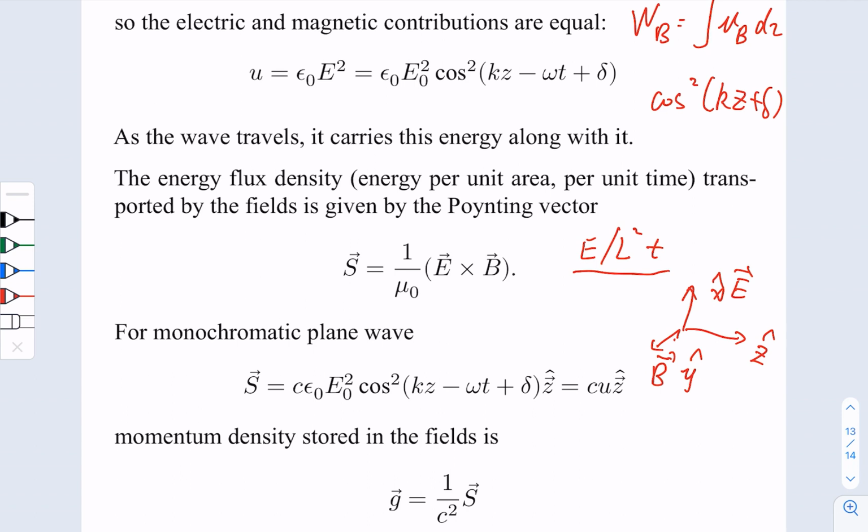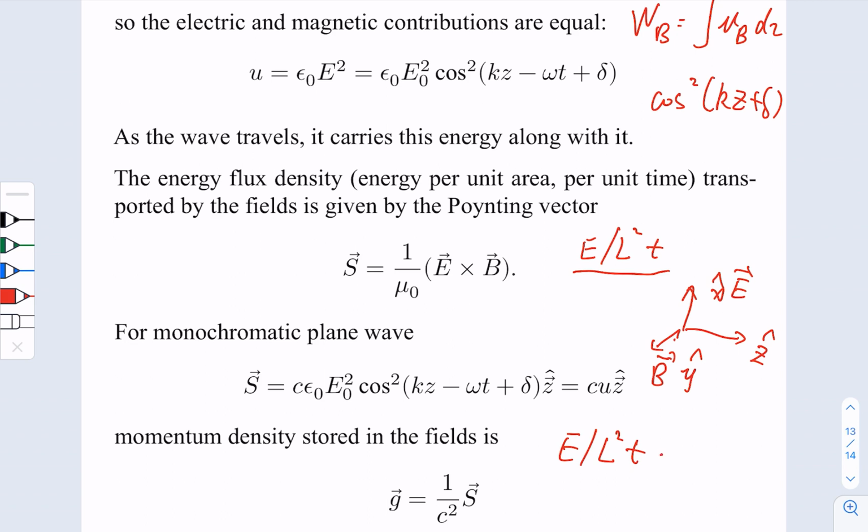Now from this total energy flux density, we can do a slight calculation and get the momentum density stored in the field. I'm not going to derive this, but I'm going to give you a check on the units. Remember that S is energy divided by length squared times t.